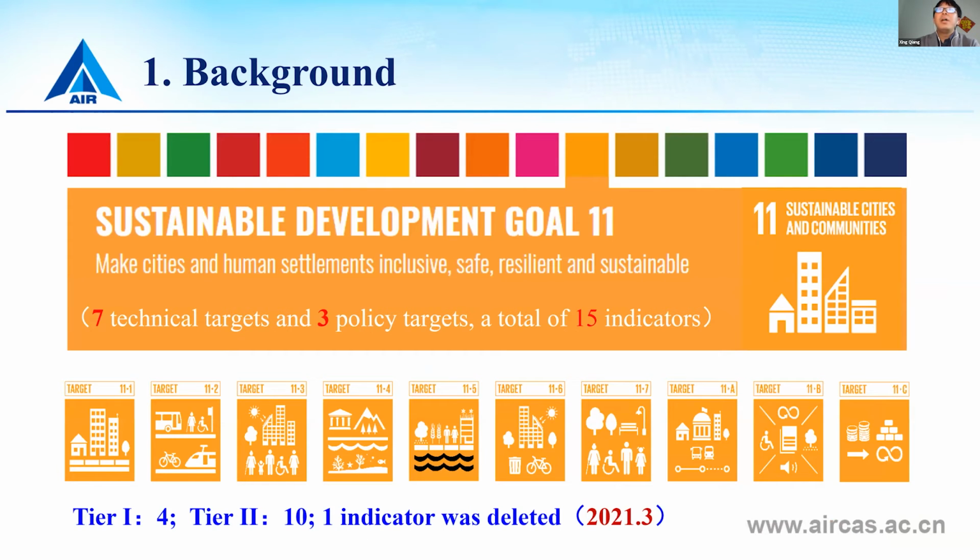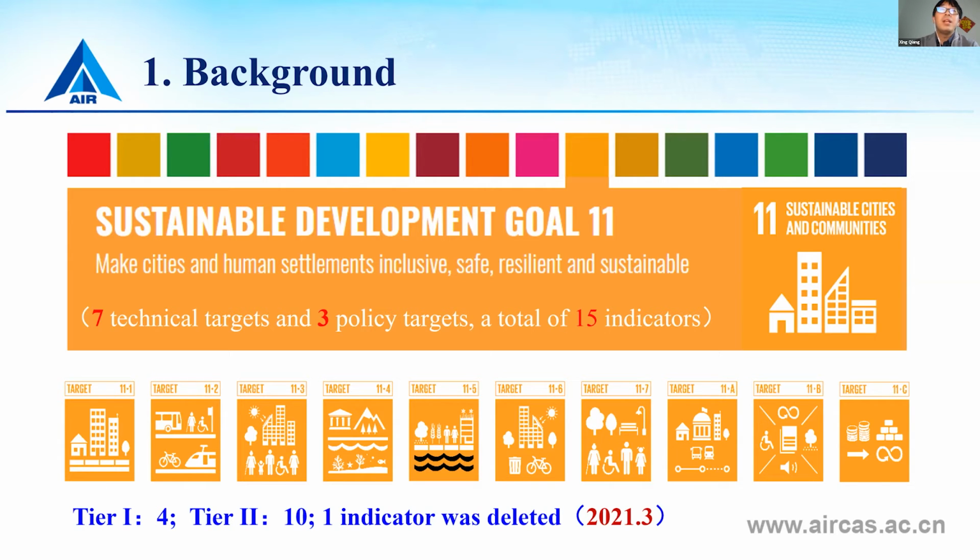So let's come to more detail about these indicators for SDG 11. In fact, it now has 4 indicators belonging to Tier 1, and 10 indicators belonging to Tier 2. The Tier classification is from the United Nations.